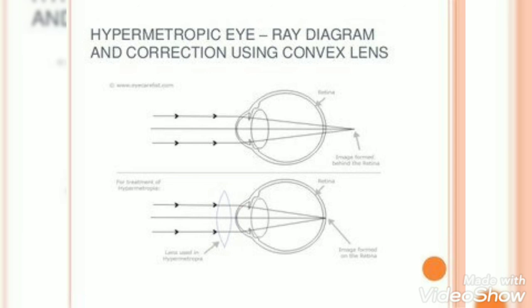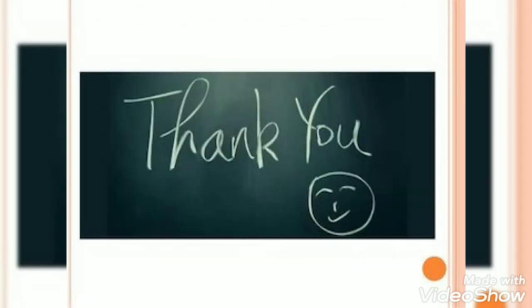The image is falling on the retina, from where the person can interpret it easily. So these were the two defects, myopia and hypermetropia. A myopic eye needs a concave lens and a hypermetropic eye needs a convex lens.